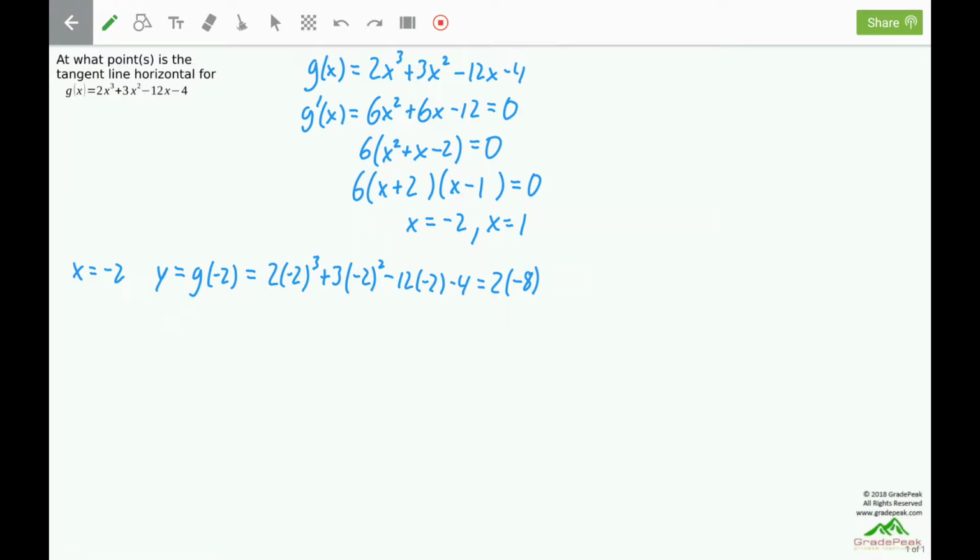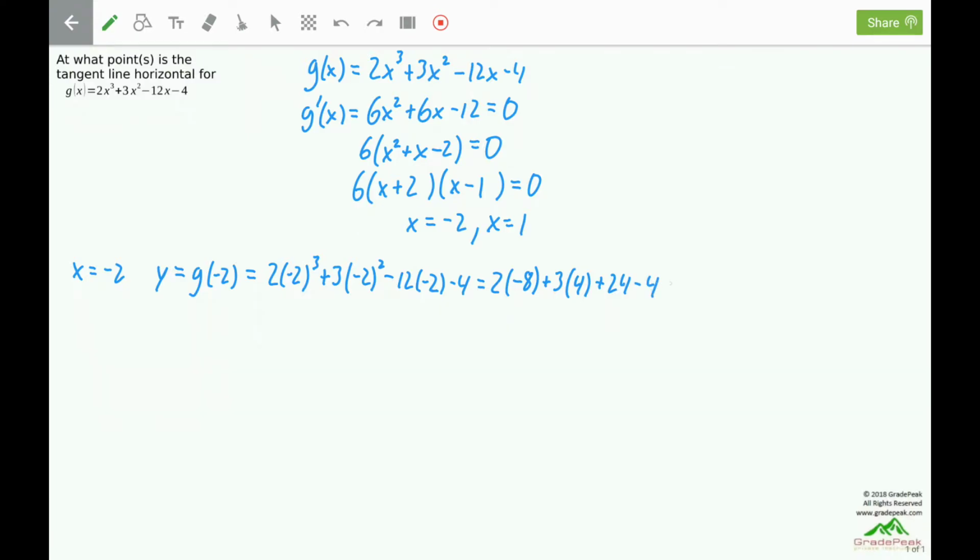Another negative 2 will make it negative 8. Plus 3 times negative 2 squared is a positive 4. A negative 12 times a negative 2 is a positive 24.